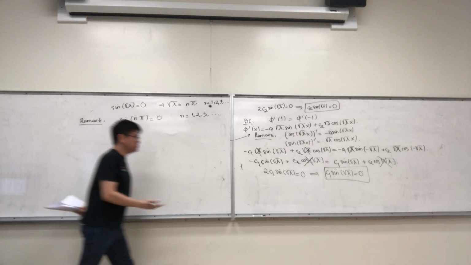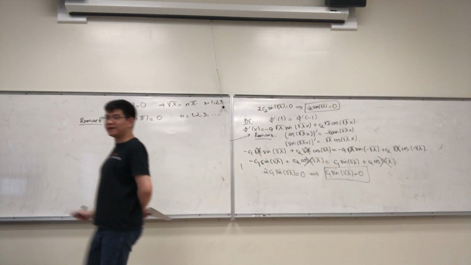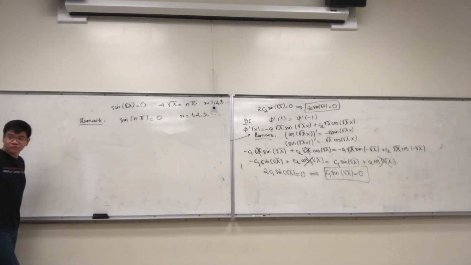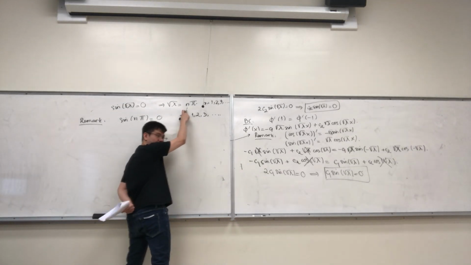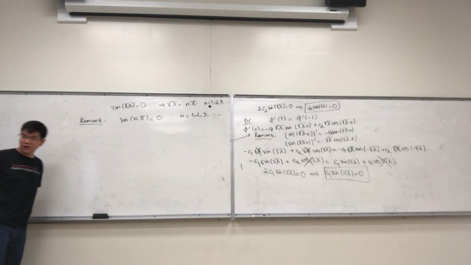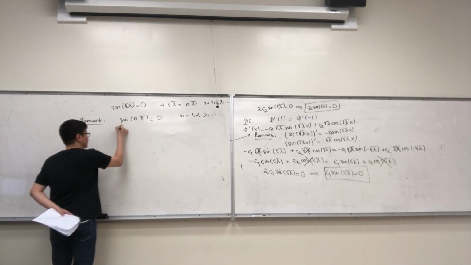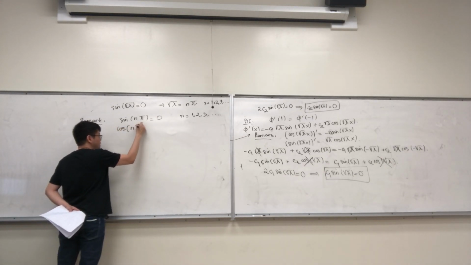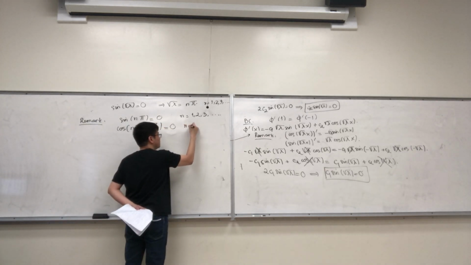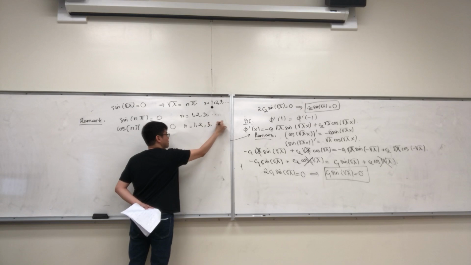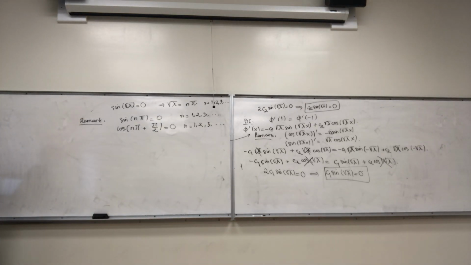So from the two equations, I conclude that the sinus of square root of lambda has to be 0, which means that square root of lambda has to be n pi, right? So those formula are the things that you have to memorize, all right? So another thing that you have to memorize, cosinus n pi plus pi over 2 has to be 0, and it's 1, 2, 3. All right, so those are the things that you have to remember.